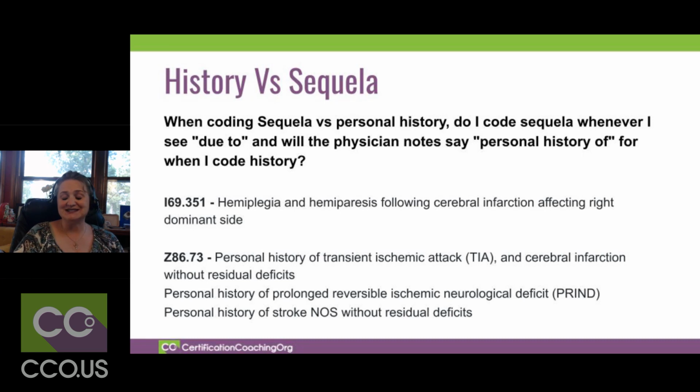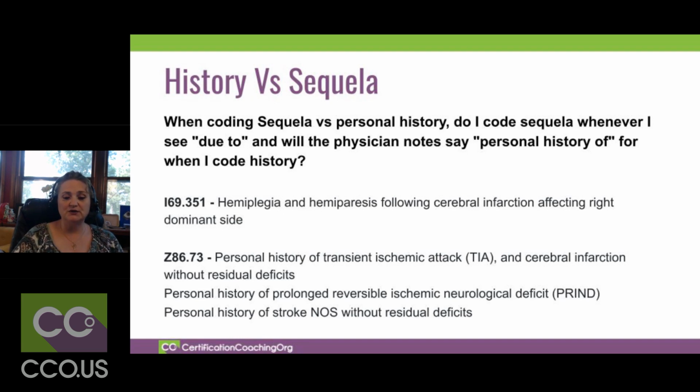Whereas if the person does not have any residual or sequela or late effect, then that's a true personal history, meaning nothing is active for the stroke anymore. That's what personal history means. It would be Z86.73, personal history of a TIA or cerebral infarction without residual deficit.